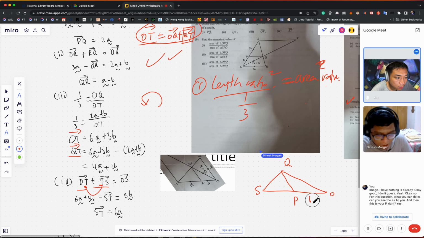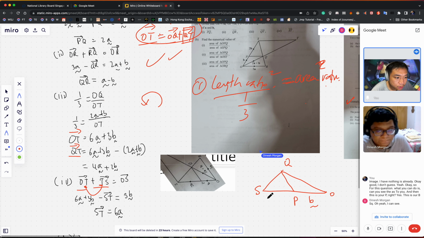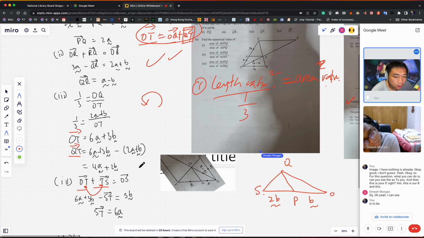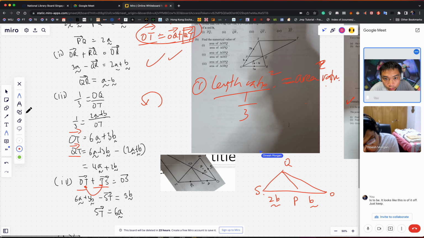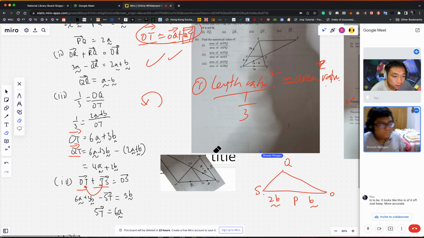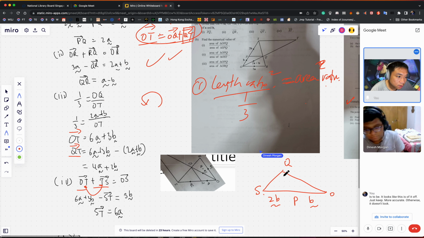This is B, then this is 2B. Okay, looks like this is a bit off, so let me just make it more accurate. Otherwise, it doesn't look right to your brain. Okay, good.